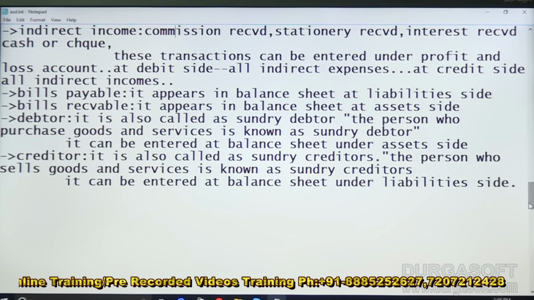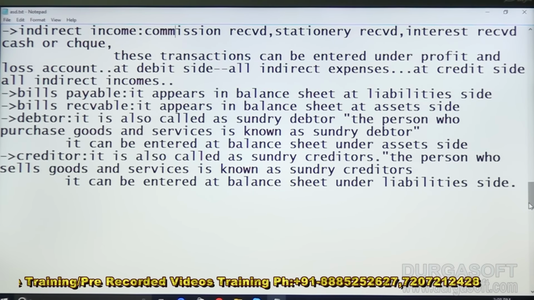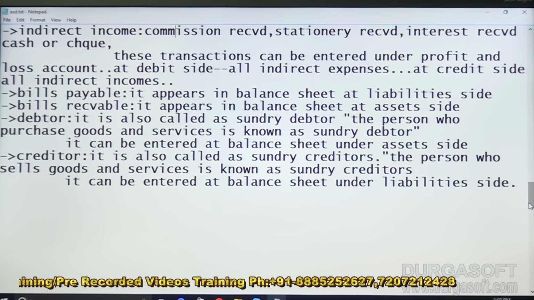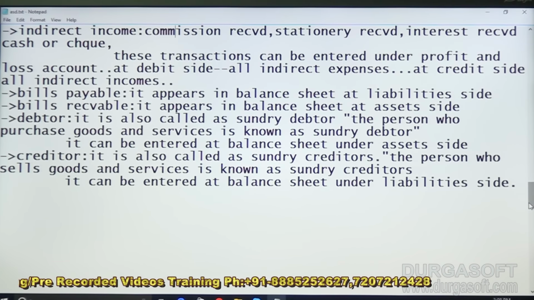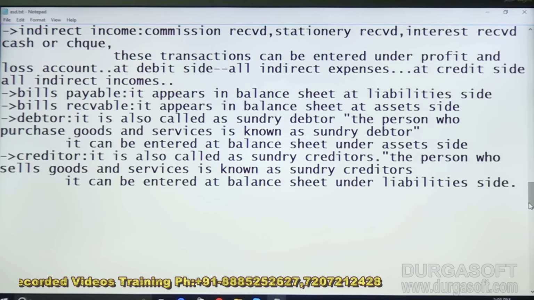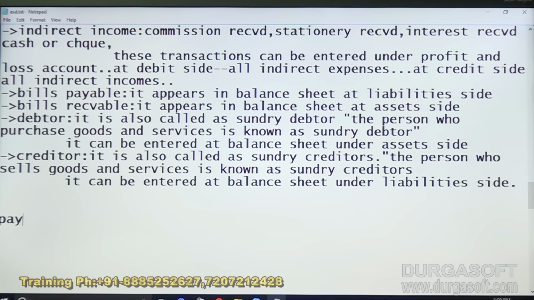Just before explaining accounts, we can understand what payments we need. For example, everyone knows there are cash and check payments, or cash receipts or check receipts. So what are the payment modes or receiving modes? Let us see here: payment modes.